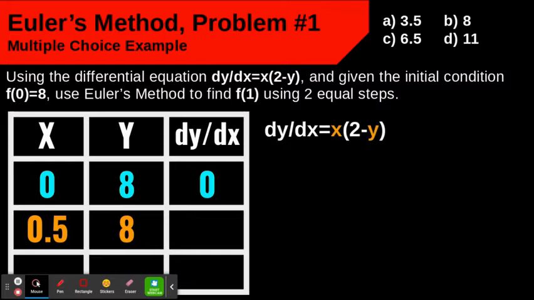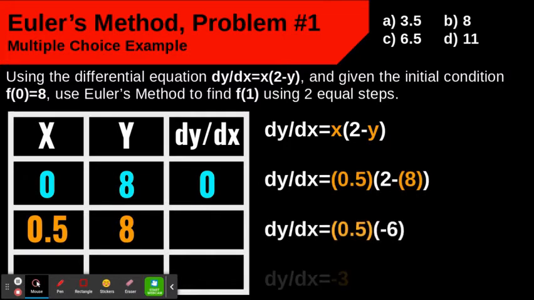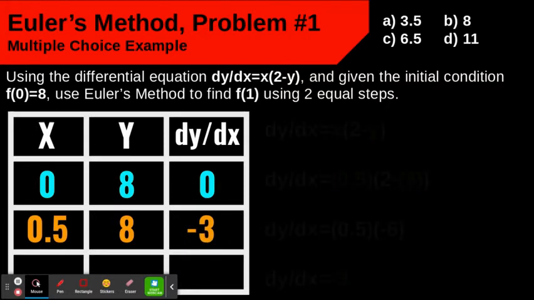We now solve for the differential equation at our new position, 0.5, plug in the variables again, and solve. The differential equation is now -3. We make our next step in the x direction, plugging in x equals 1.